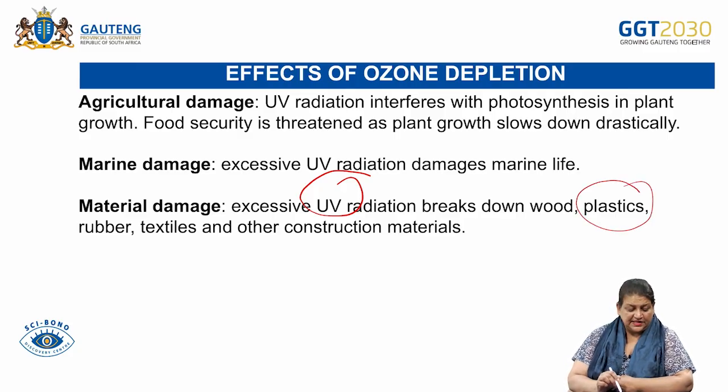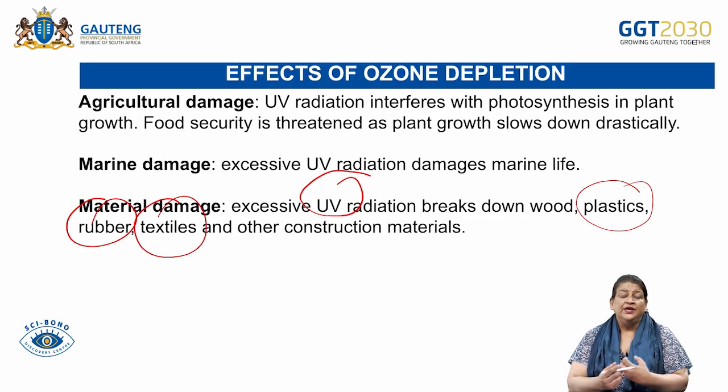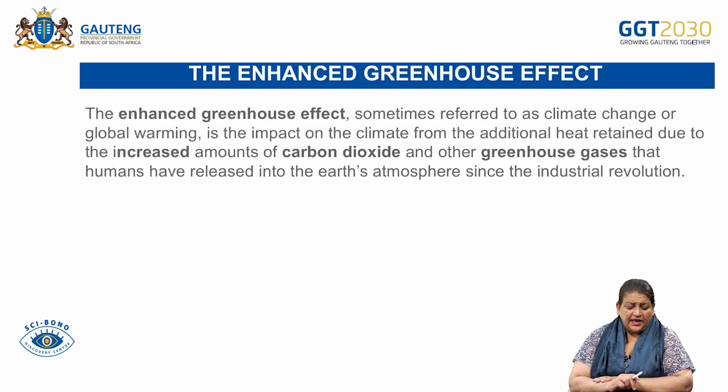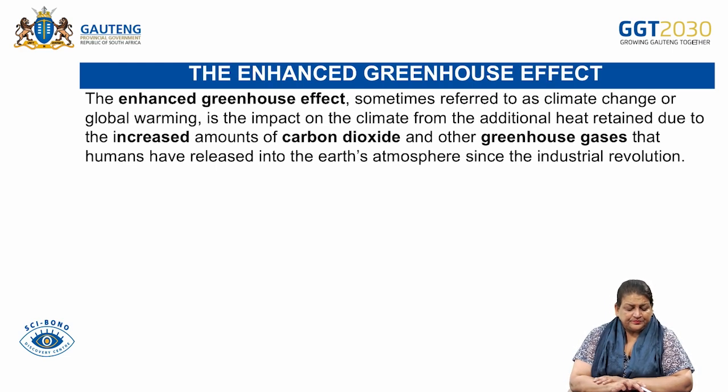Also, plastics can be destroyed, rubber, textiles, all construction. So even your homes can be destroyed because of the UV light that is coming through. Okay, there'll be more rusting, your metals will decompose faster. You find even your wood will start rotting even more in the timber that is found in the homes. So it affects everyone's lifestyle as well.